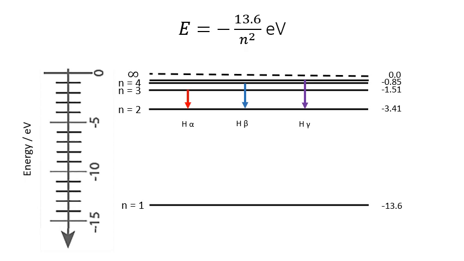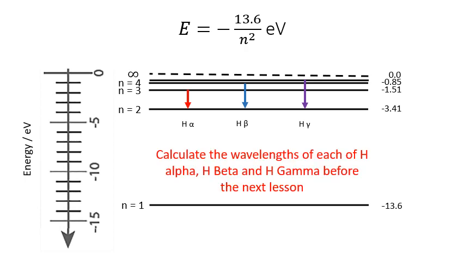So because I'm not in, and you need to have something to do, and this has not taken up an entire lesson, can you please calculate the wavelengths of each of H alpha, H beta, and H gamma before the next lesson, which probably means you're going to need to pause this video and write down the numbers for n equals 4, n equals 3, n equals 2, and n equals 1 so that you can sit and do the calculations.